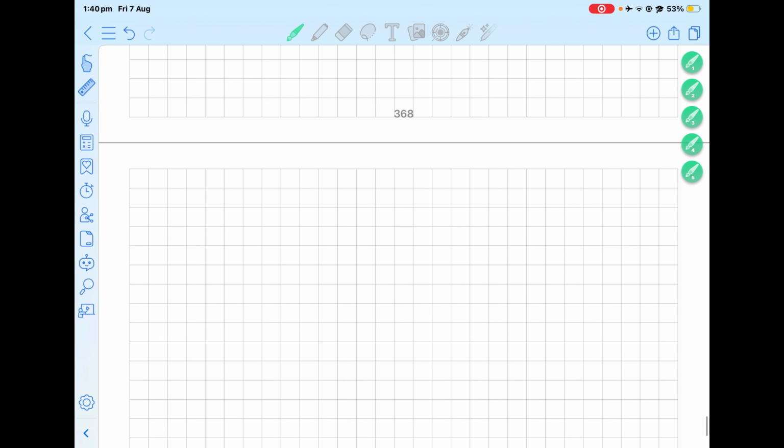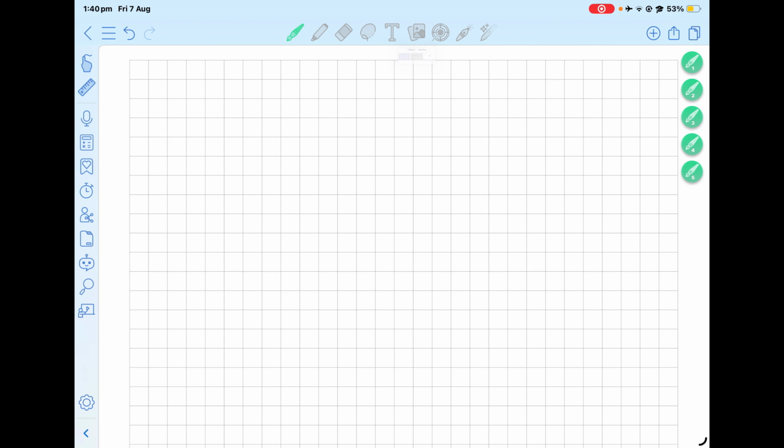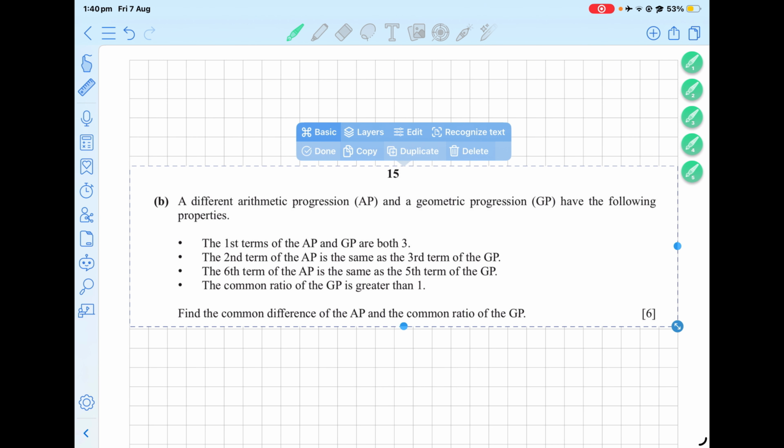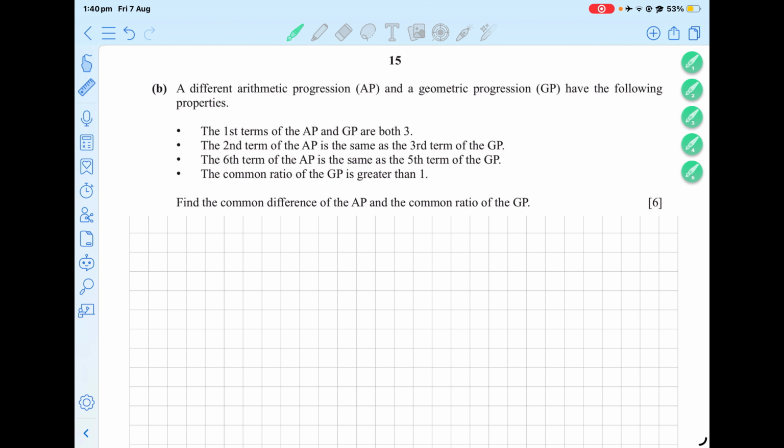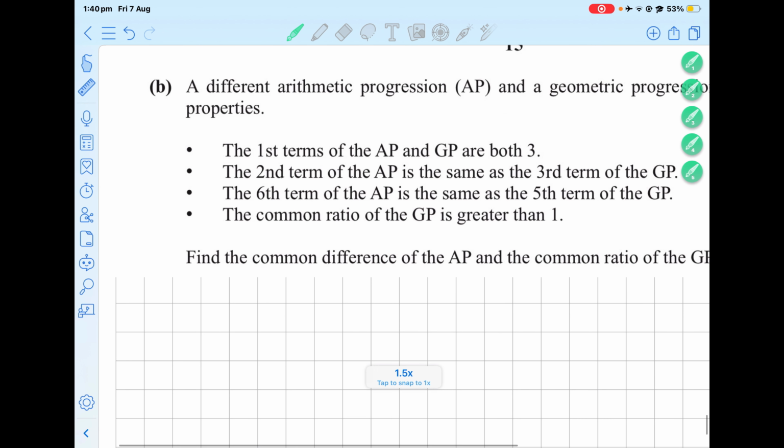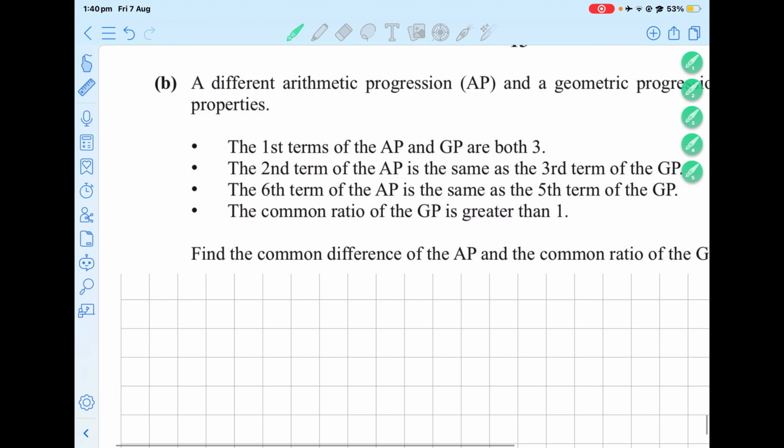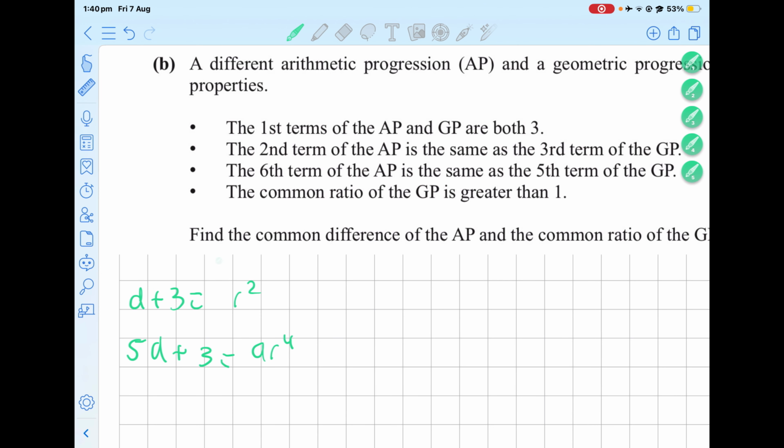Okay, then part B. So different arithmetic expression. So first and third. So second term is the same as the third term. So d plus 3 is the same thing as ar squared, and 5d plus 3 is the same thing as ar to the 4. Sorry, 3 in all the cases.